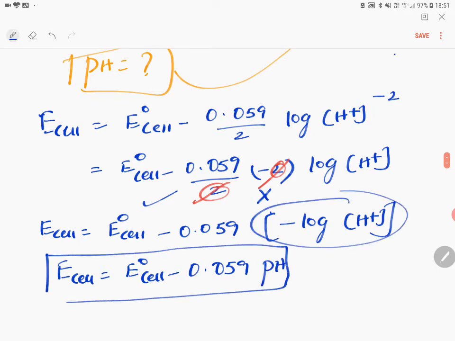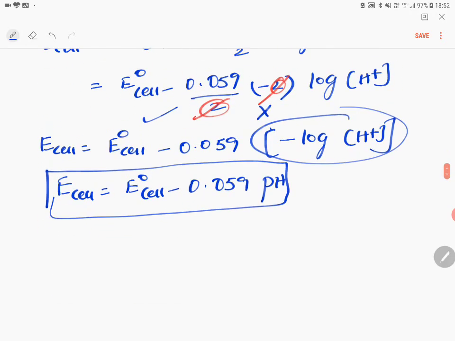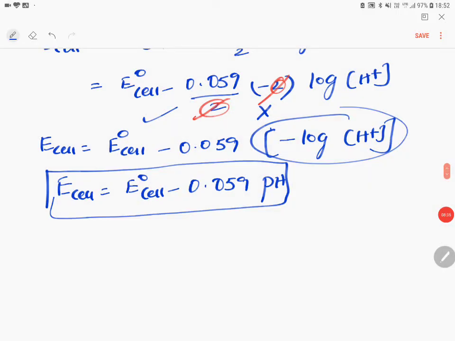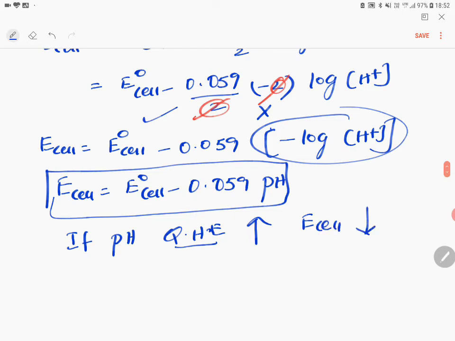Therefore, what is the conclusion here? The conclusion is, if pH of the quinhydrone electrode increases, E cell will decrease.